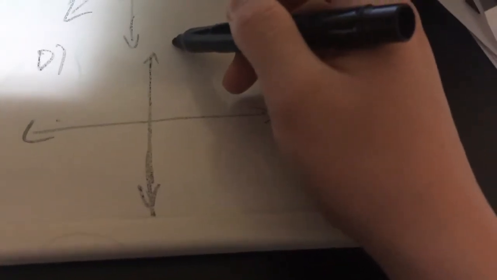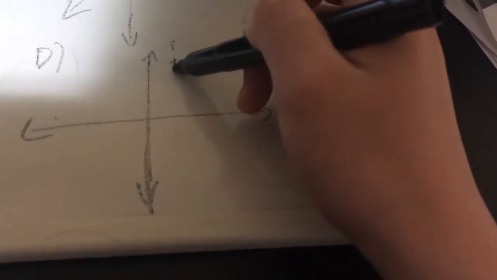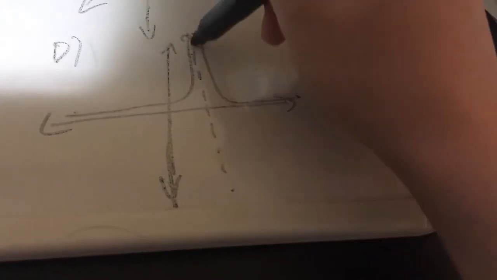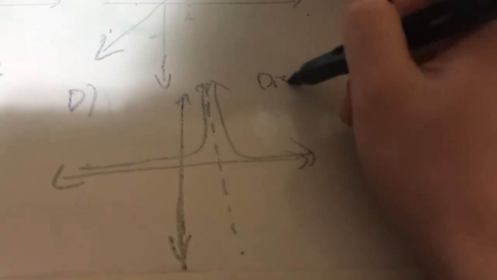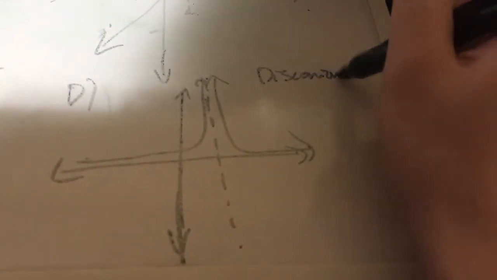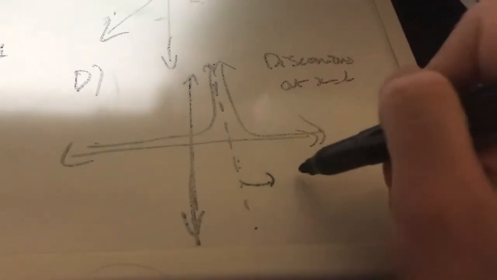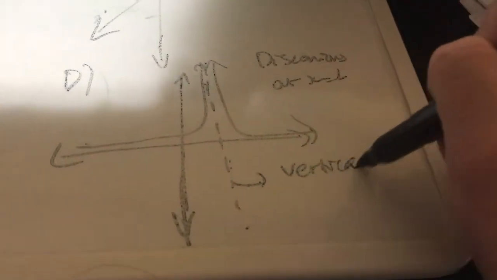At x equals 1 there is a vertical asymptote, as you can see, like this. So this is also considered discontinuous at x equals 1, and this line is called a vertical asymptote.